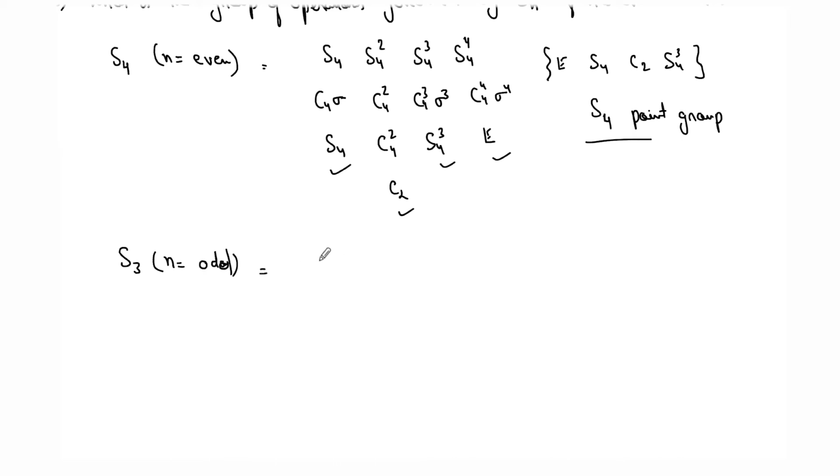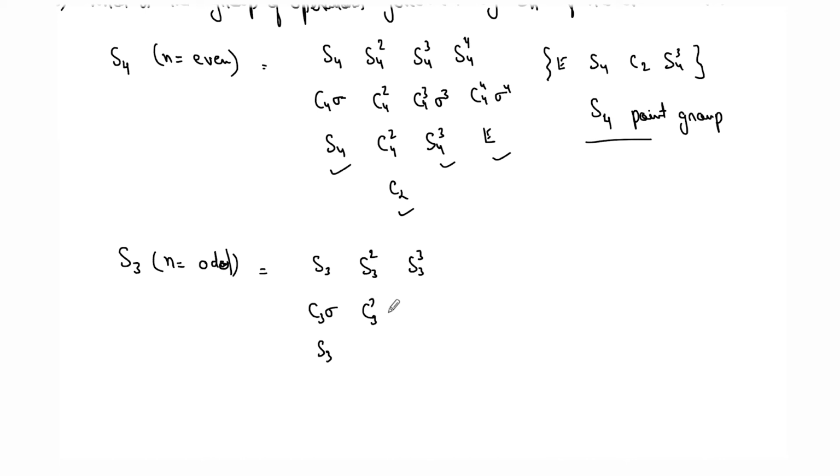Let's see what the operations generated by S3 are: S3, S3 to the power 2, S3 to the power 3. We have to keep going till we hit E, right? Let's see if we have already hit E at S3 to the power 3 or not. S3 will be equal to C3 sigma, which is nothing but S3 again.